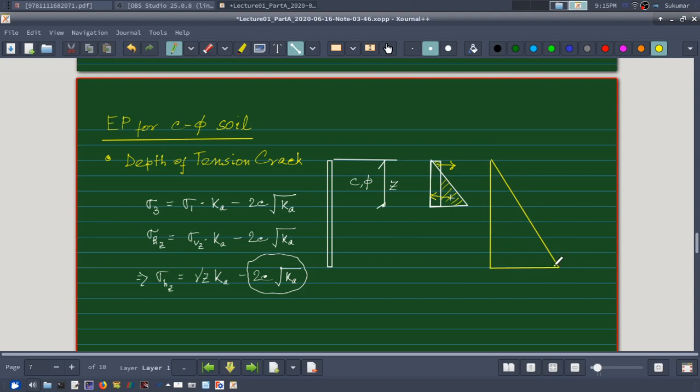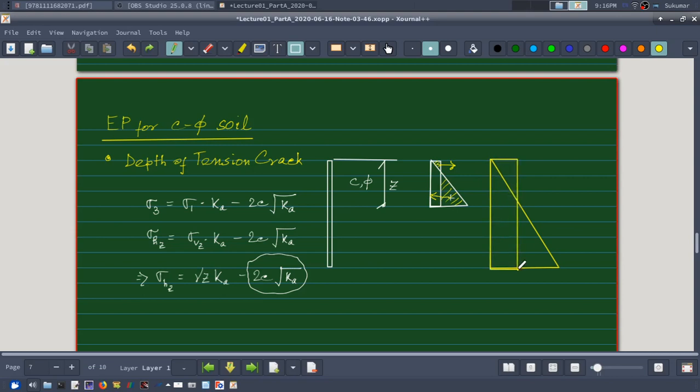So this is my triangular part due to this term, and the cohesive term will be just a negative value here. Its width will depend on the numerical value of C and numerical value of root over Ka. Suppose this is the width in scale. Actually this should start exactly from this point.